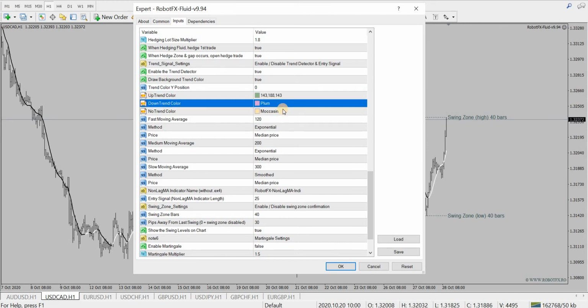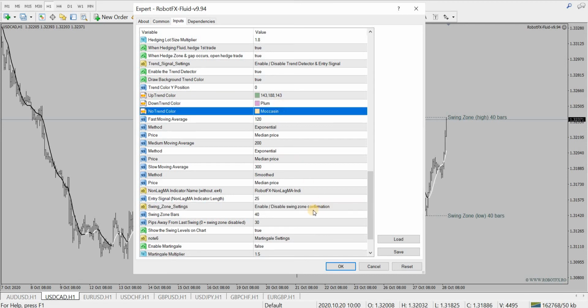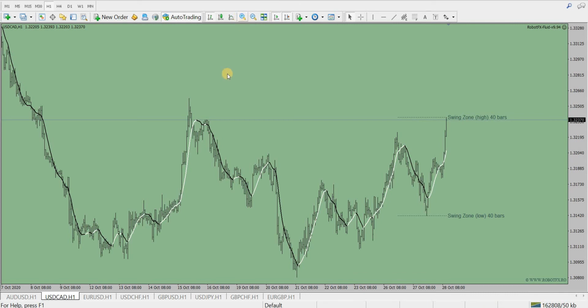These are very easy to watch colors, good for the eye. And that means that the Expert Advisor, but you already know that, and yes, I was right, we have an uptrend. If there's an uptrend, the color of the chart will be the up color.